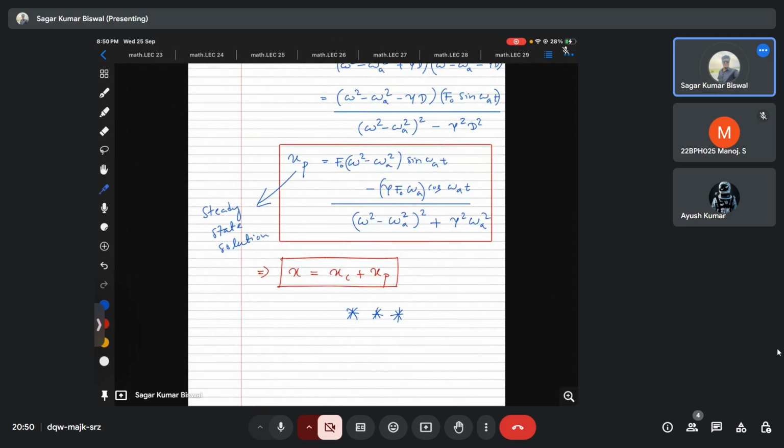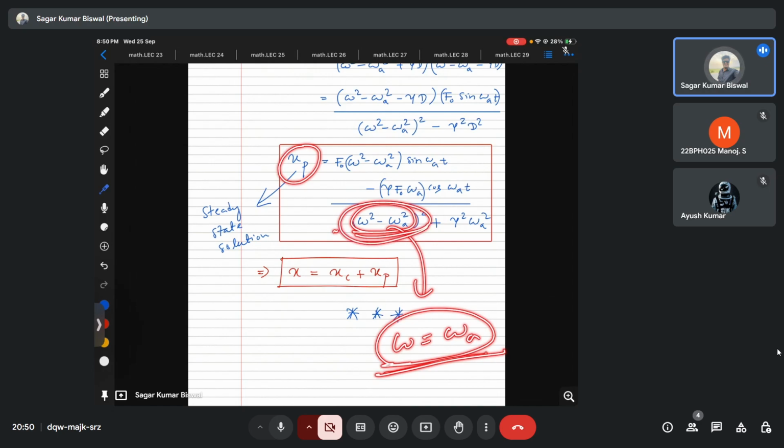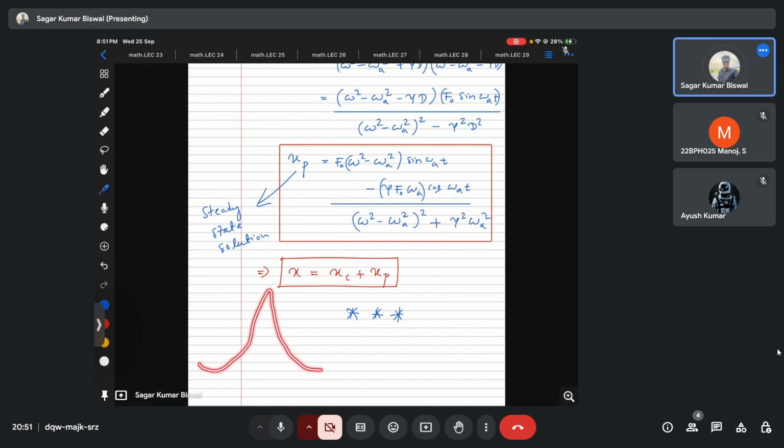The resonance is when this omega becomes equal to omega a, right? So at that time, this amplitude, this xp, will increase severely. As there is this term here in the denominator, it is decreasing the amplitude, but as this vanishes, the amplitude will suddenly increase.